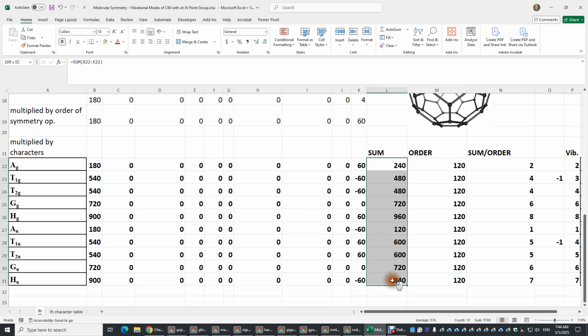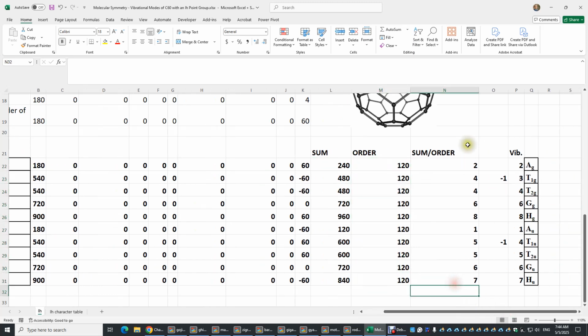Now we have the sums divided by the order, and now we have some integers. Those are the number of motions that belong to each irreducible representation. Alright, so we have 2 Ag motions, 4 T1g motions, 4 T2g motions, 6 Gg motions.